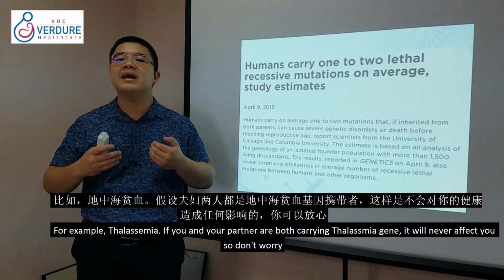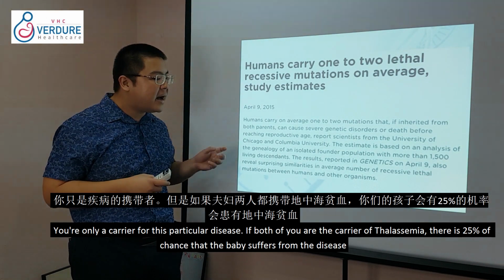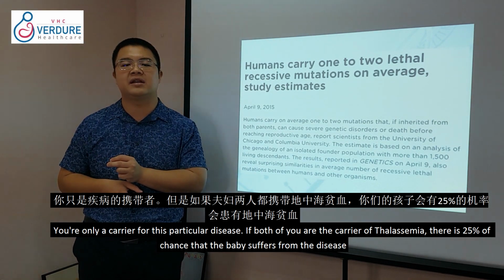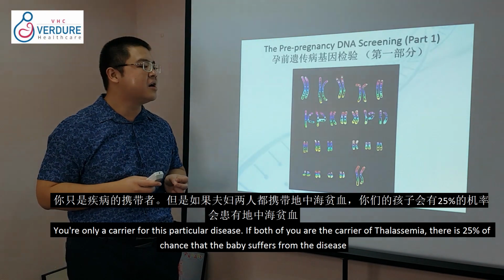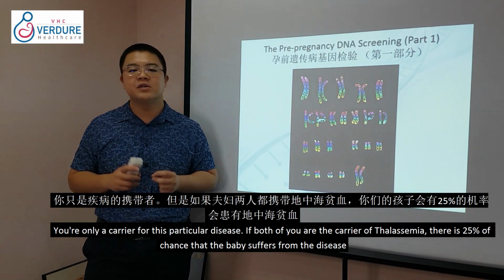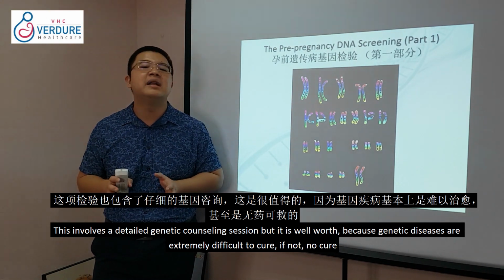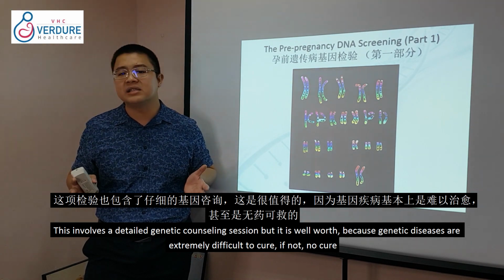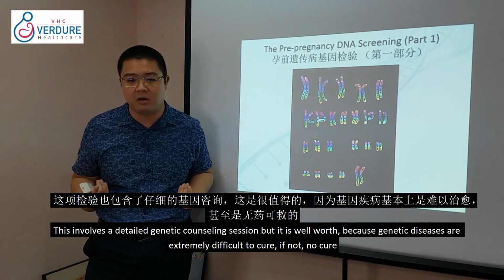You are only a carrier of this particular genetic disease. But if you and your partner are both carriers, there will be a 25% chance of this getting to the baby. This involves quite a detailed genetic counseling session, but it is well worth it because, as I mentioned just now, genetic diseases are extremely difficult to cure, if not no cure.